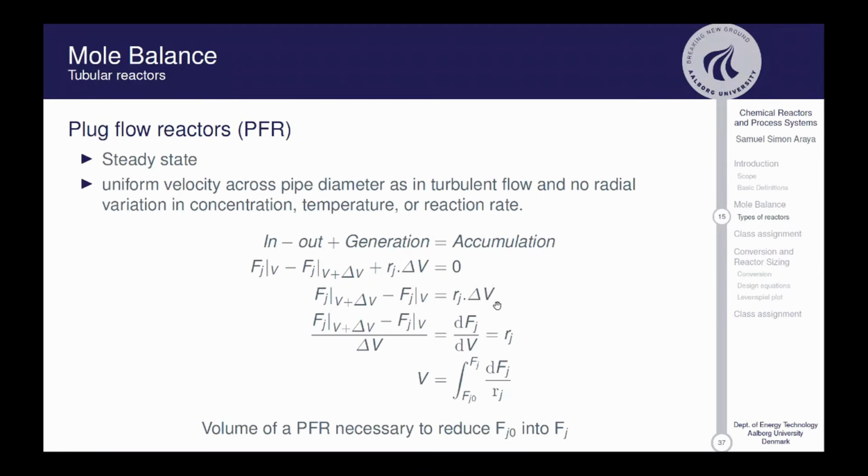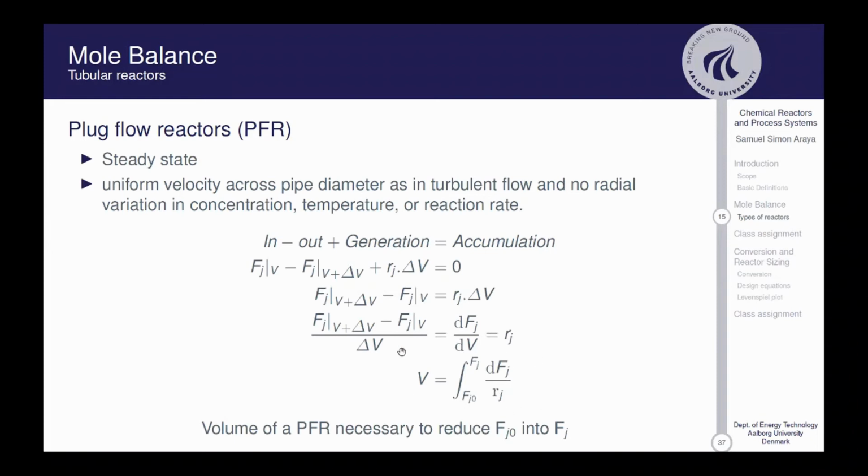And if we divide by delta V, then we have basically an expression for the rate of reaction. If you remember from your calculus courses, this is just the definition of a derivative. Basically, this is dF/dV, which is the rate of reaction.